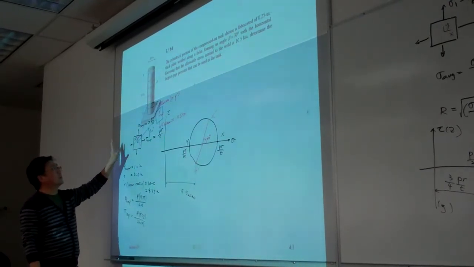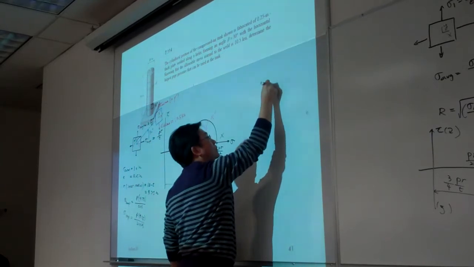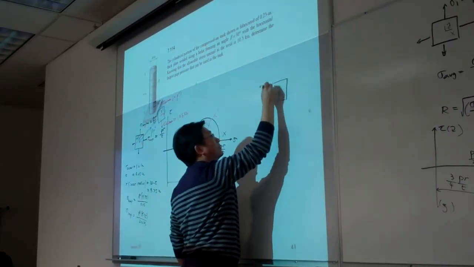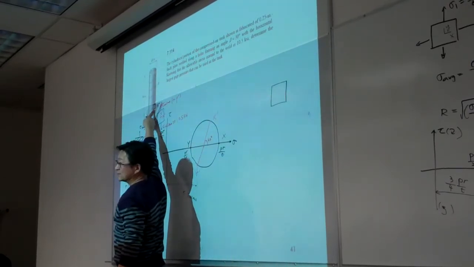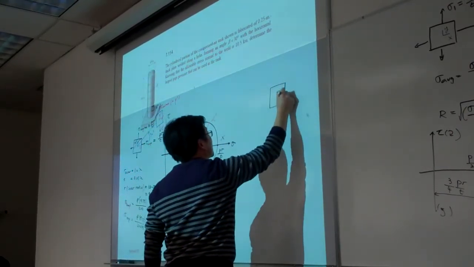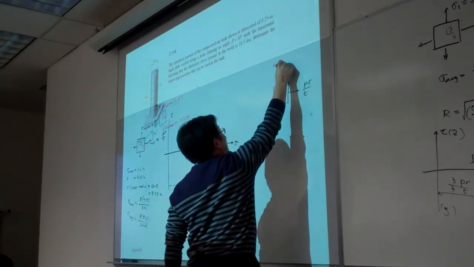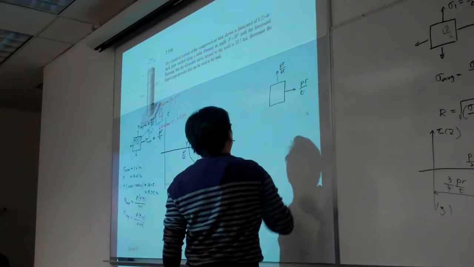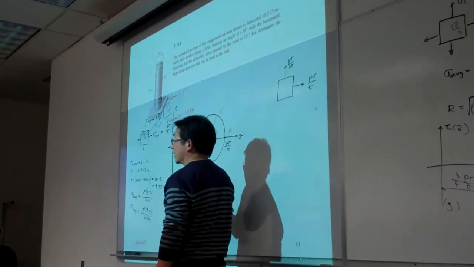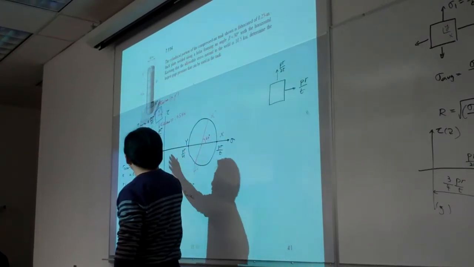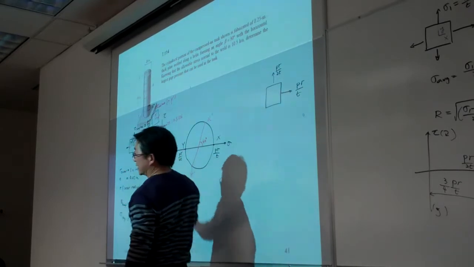Yes. So again, the thinking process is this. First I pick the element like this. For that element we know this is PR over T, this is PR over 2T. The next step is we want to expose the information aligned to the welding surface, the welding orientation.